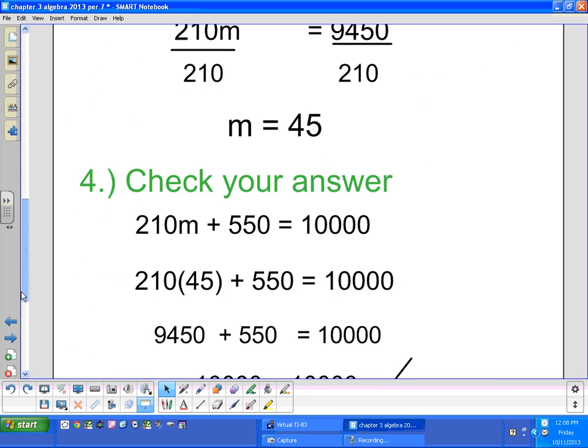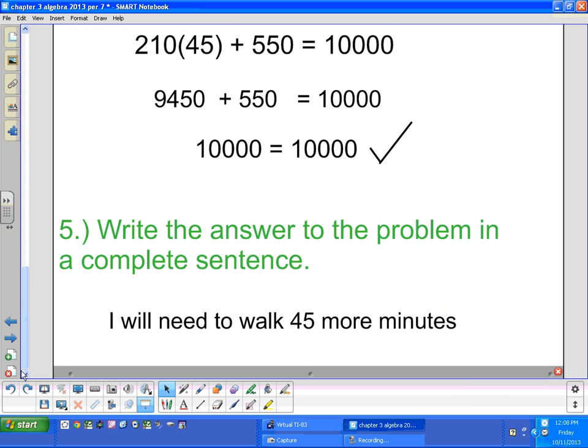And our answer is, I will need to walk 45 more minutes. And notice that the units are labeled in the answer.